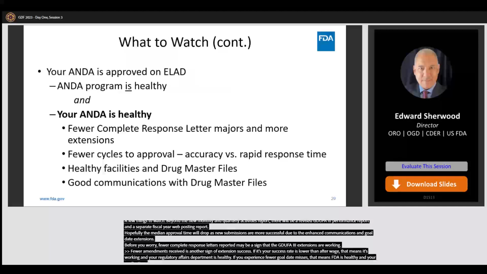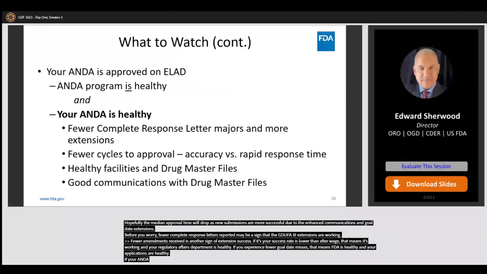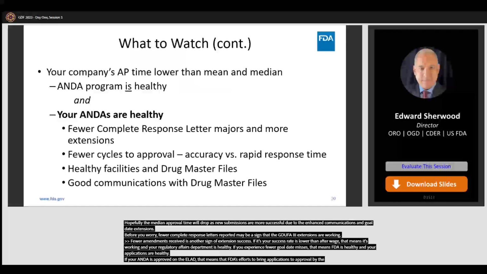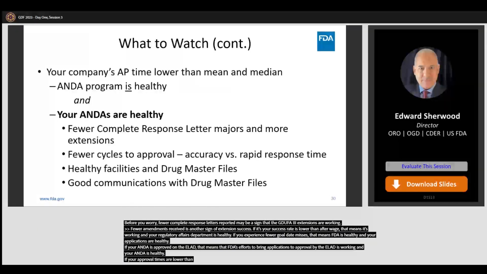If your ANDA is approved on the ELOD, that means that FDA's efforts to bring applications to approval by the ELOD is working and your ANDA is healthy. If your approval times are lower than the average, that means the ANDA program is healthy and your applications are healthy with good communications to supporting drug master files.